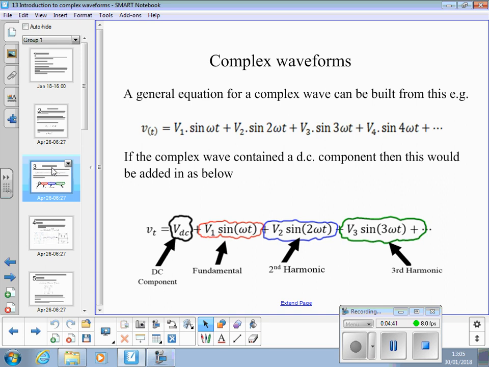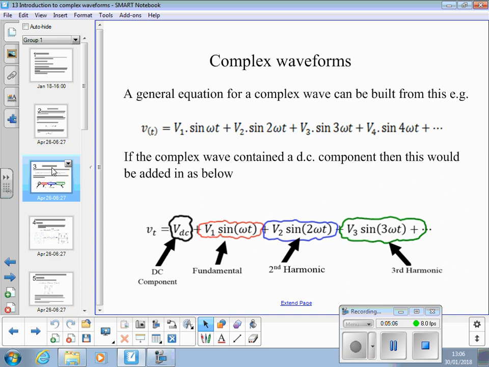Each of these components can have, and usually do have, different amplitudes. They're usually getting smaller and smaller as you go along the line here. V2 is the amplitude of the second harmonic, 2 times omega meaning double the frequency. V3 is the amplitude of the third harmonic, 3 times the frequency, and so on.